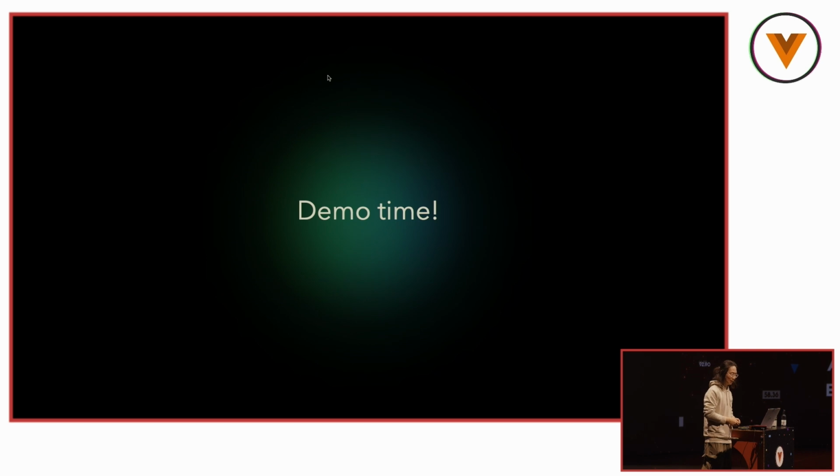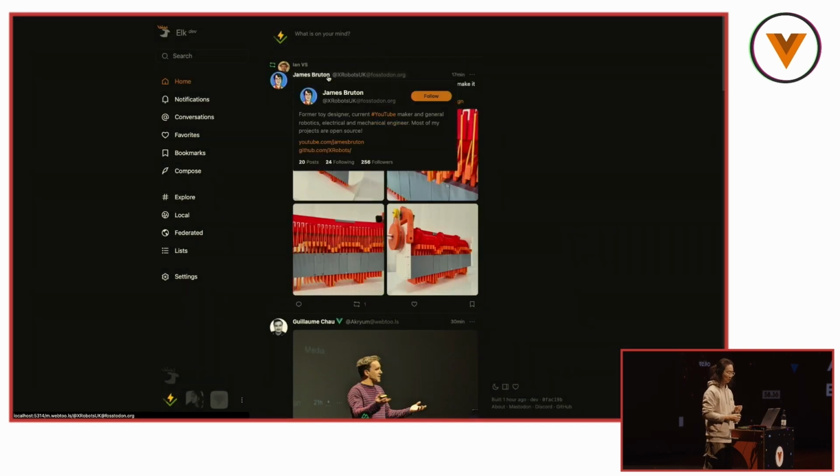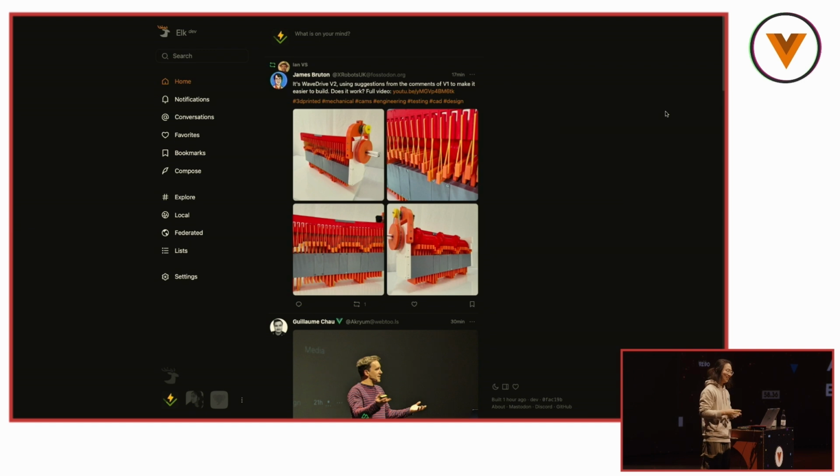So let's go, demo time. All right, so you see this is an Elk dev server. Elk is a Mastodon client built on top of Nuxt, and Daniel has already given a great explanation of how it works and how it began.